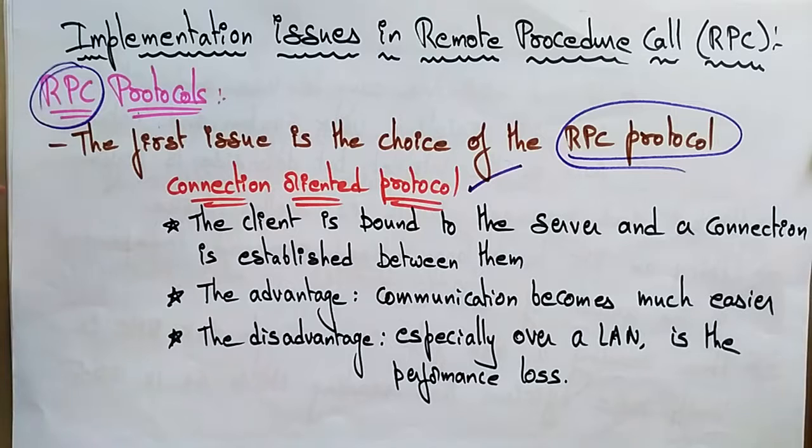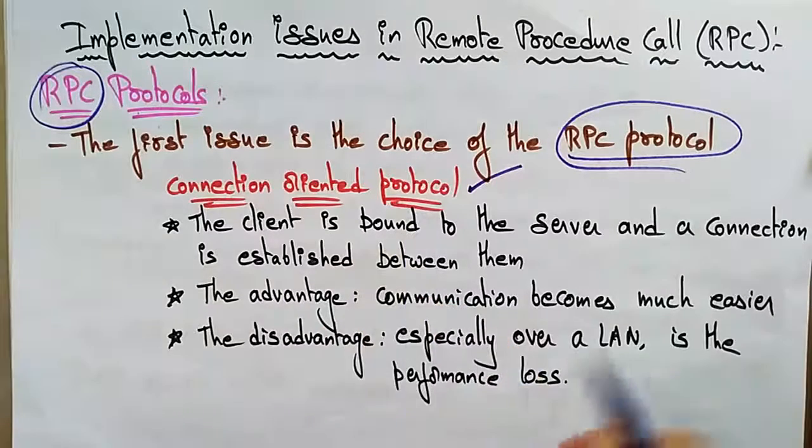This is the basic point. You want to call a message somewhere else, on another computer, so whether that computer is connection oriented or connectionless has to be decided. So this is the first implementation issue.